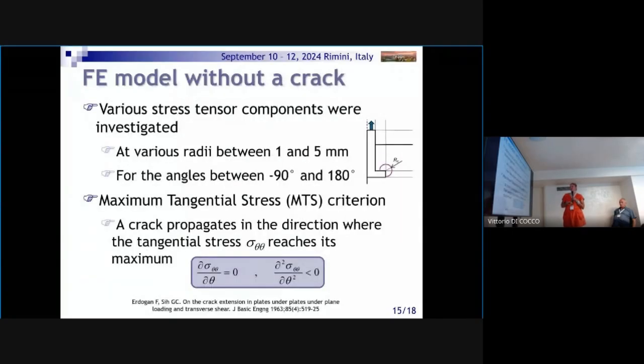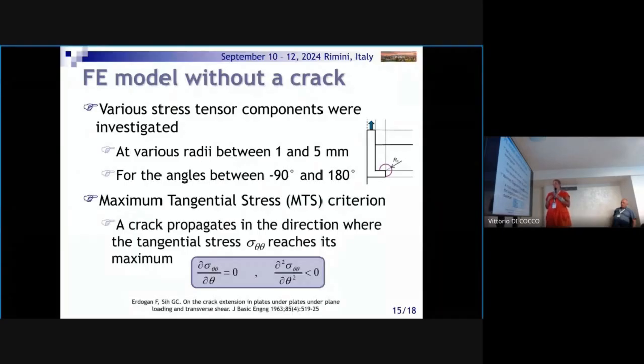So we start to find another parameter to explain this crack propagation, and we created a finite element model without the crack. We investigated various stress components at the radius around the anchor corner, and we considered these radii between 1 and 5 millimeters.